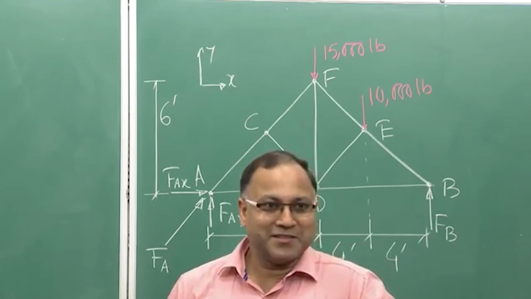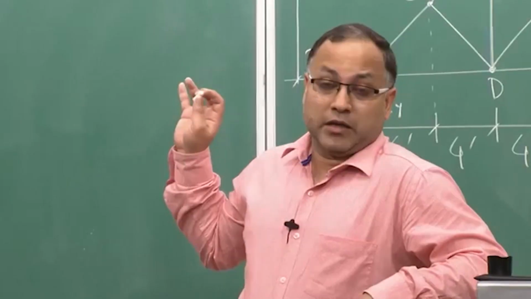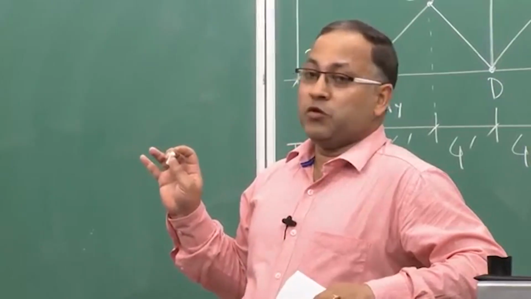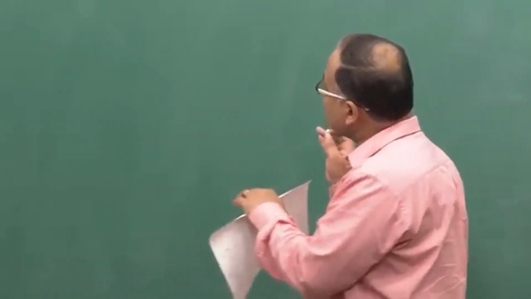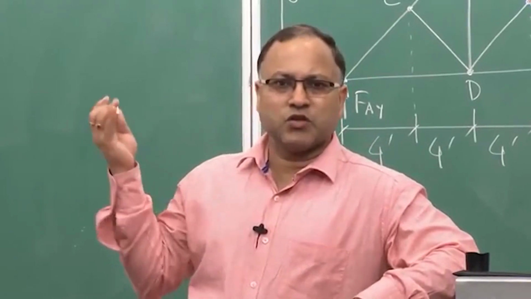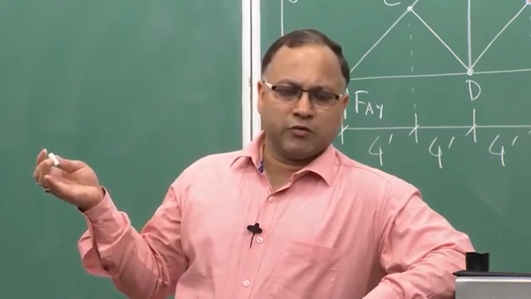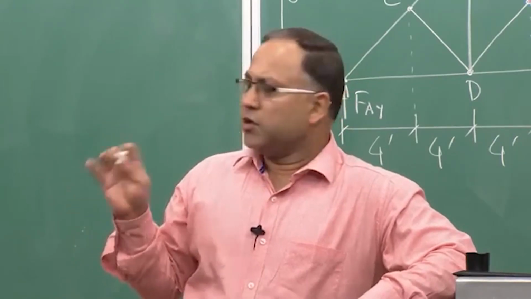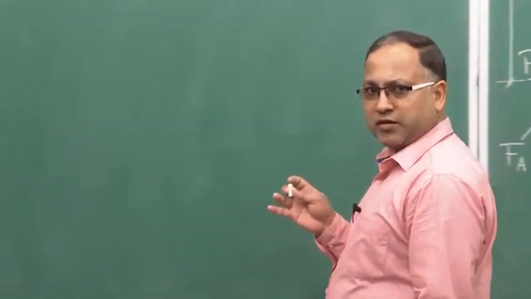Because I know the answer, that is why I am taking this arbitrarily. But if you do not go by any intuition that this should be compressive, this should be tensile, do not go by that. So, you choose all the member forces as tensile, as I told you. If they are coming negative, then obviously they will be compressive force.